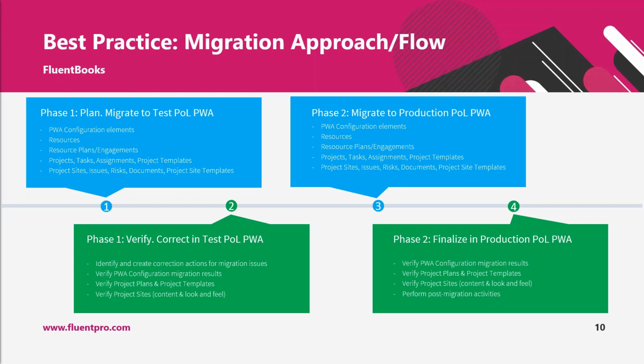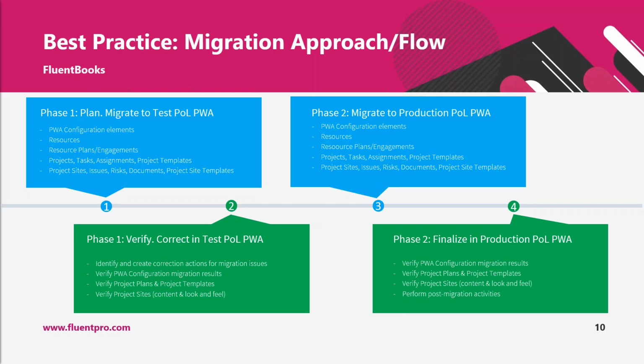But another part that is included in the migration is doing user acceptance testing. Users who will be working with projects, who will be working with PWA, would also need to check their data, how projects work for them, how timesheets work for them, if everything is correct.